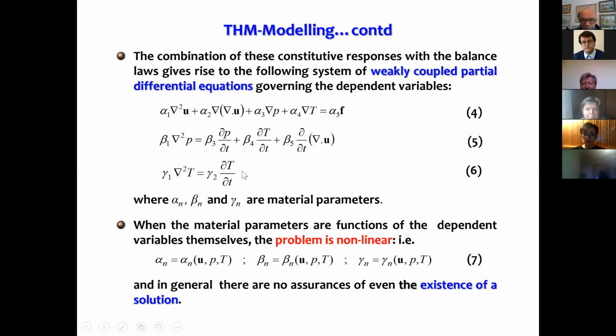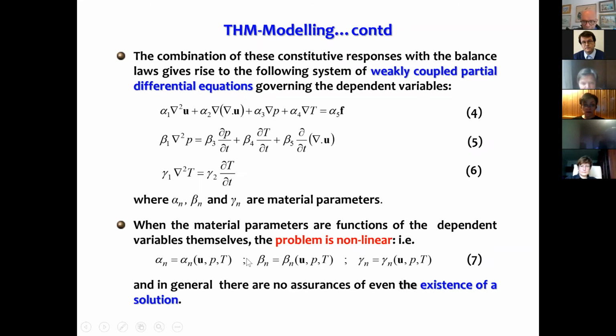So your governing partial differential equations for small strains come out to be something like this. I have the displacement Navier equations, but I now have a pressure term in there and the temperature term in there as well. And the pressure is again controlled by the temperature as well, and the deformations, but the heat conduction is just a simple Fourier model.